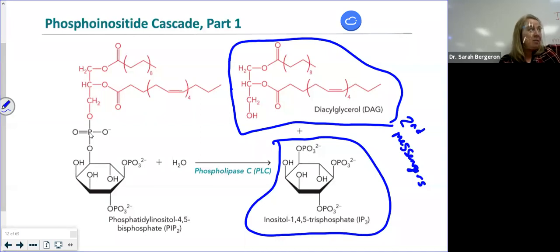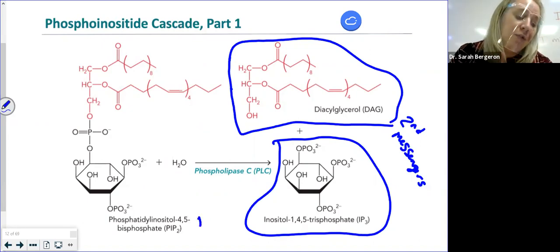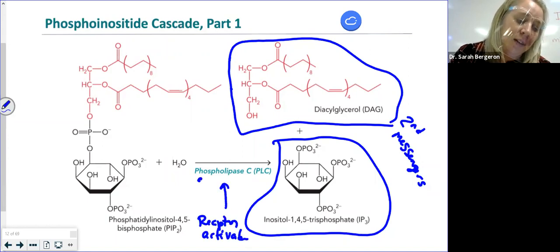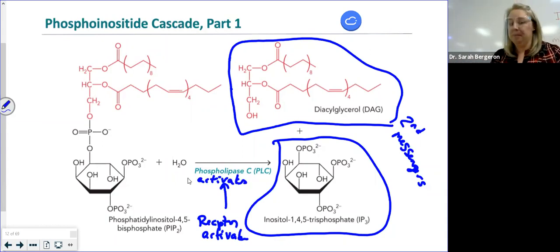So you have to have some upstream receptor activation that leads to activation of this enzyme called phospholipase C, PLC. PLC is going to cleave this whole thing into 2 second messengers of diacylglycerol and inositol triphosphate.